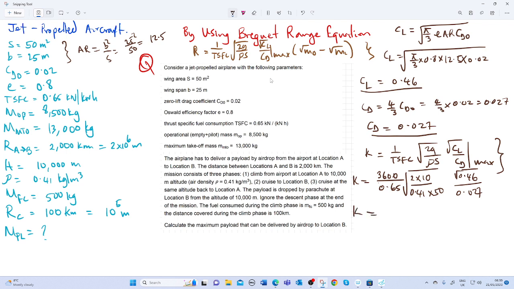Our K equals 2.78 times 10 raised to the power 5.